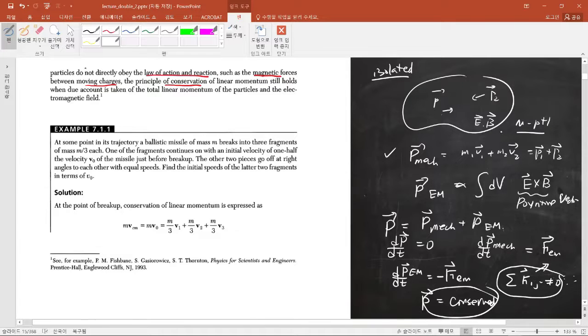That is how this paradox is resolved: for an isolated system, the total momentum is always conserved if you also take into consideration the field momentum.